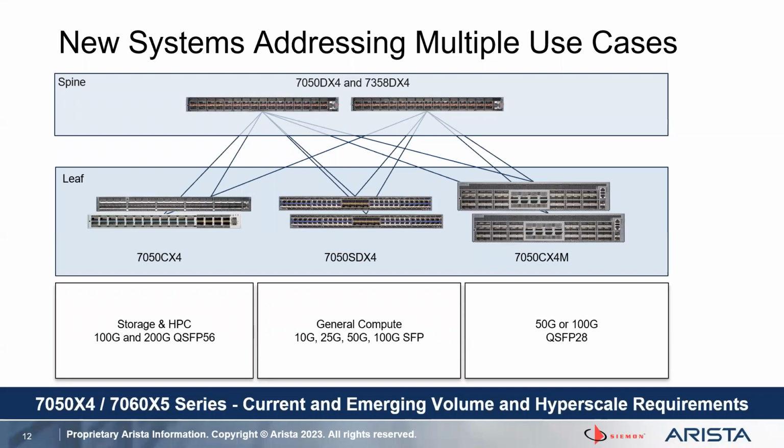But as you think next generation, 100 gig in the top of rack and 400 gig in the spine, these are some of the building blocks to consider. And I also show what we consider more general purpose compute. That would be the SDX4 platform, the DSFP form factor. And if you're looking for storage in HPC and AI/ML, that could be the CX4 platform with 100 gig and 200 gig connectivity to the server.